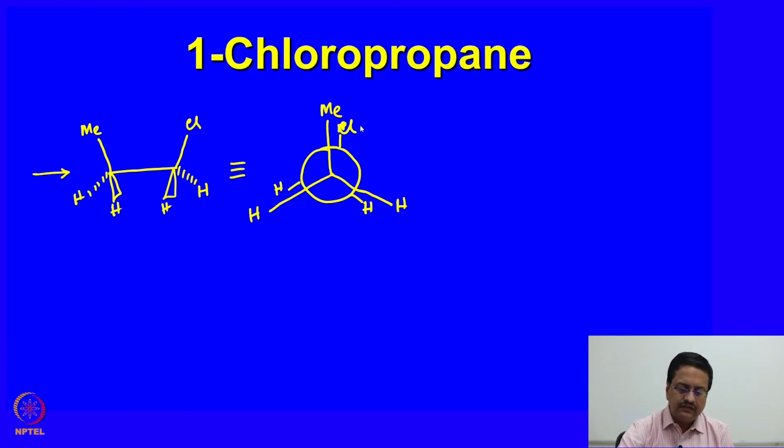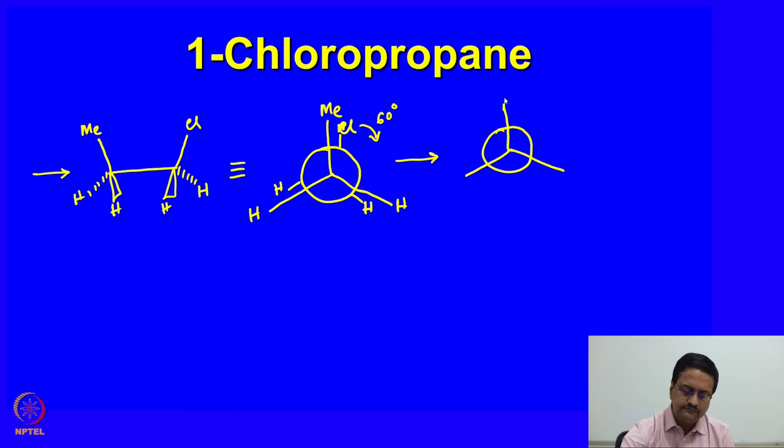Now if I rotate the chlorine in the back carbon clockwise by 60 degree, we would get a different conformation, which is the gauche conformation.